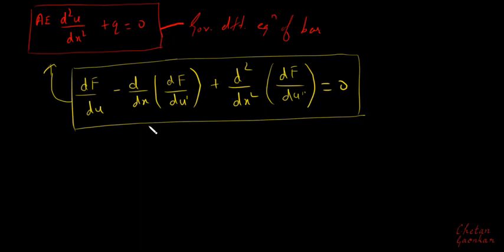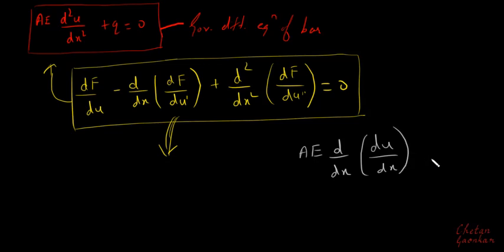Now I will have to slightly modify this equation in order to apply it to this governing differential equation of a bar. If I rewrite the governing differential equation, I can write it as AE d by dx of du by dx plus q equal to 0.